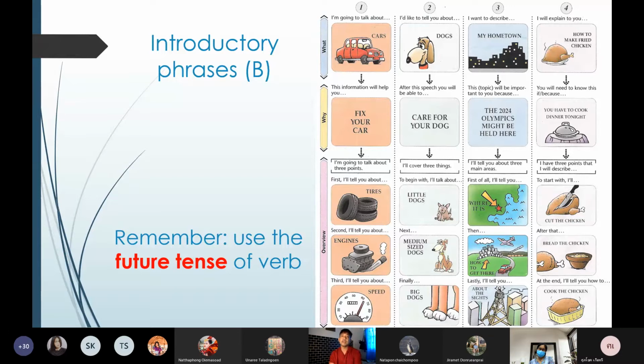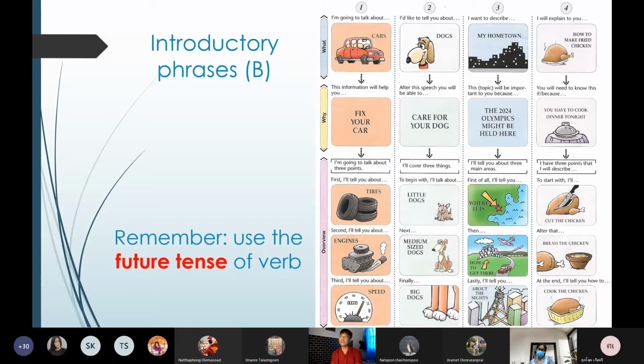In the next part, you're going to say your topic. So today I'm going to talk about cars. Remember, use the future tense. Then say why you are giving this information to the audience. This information will help you fix your car.